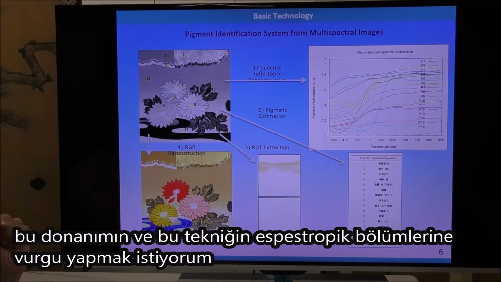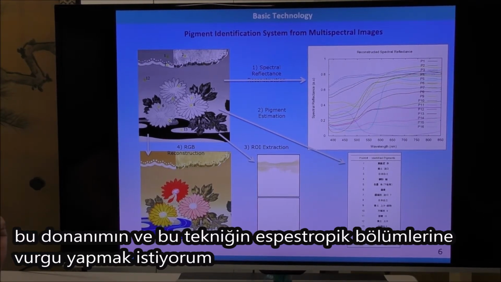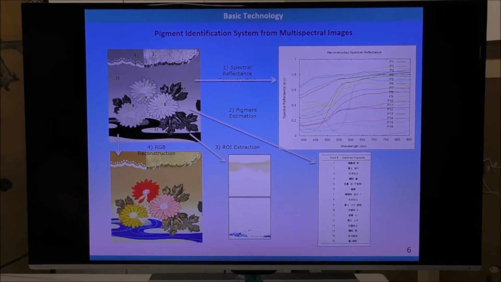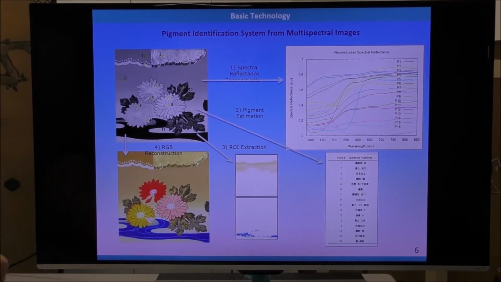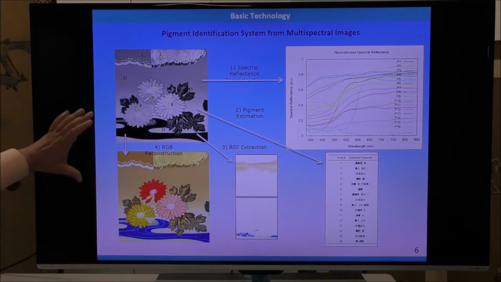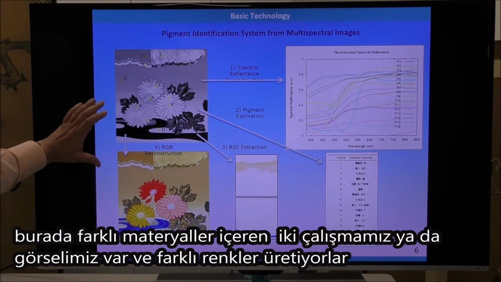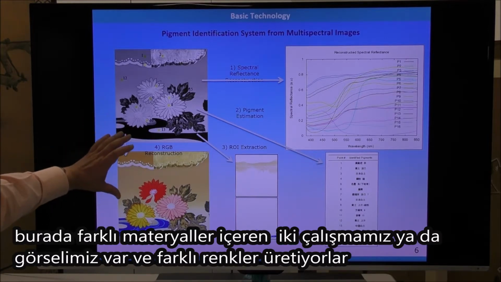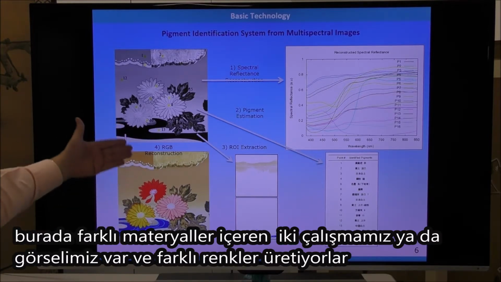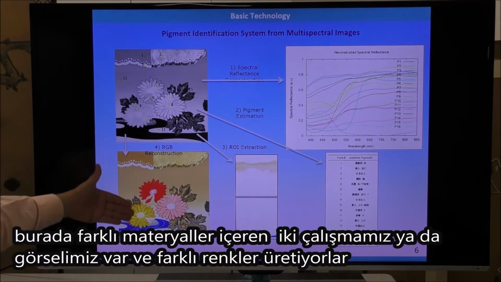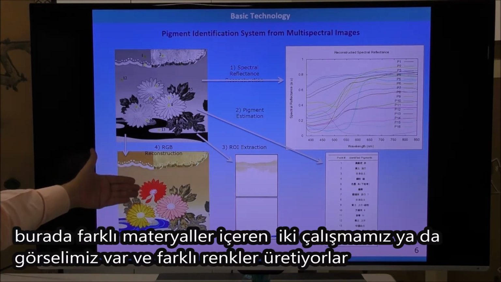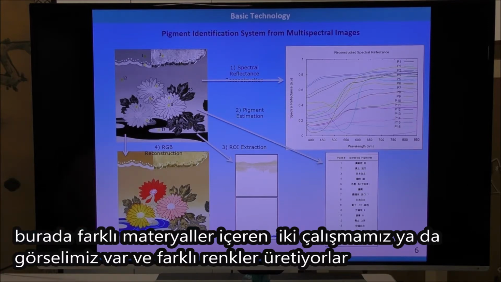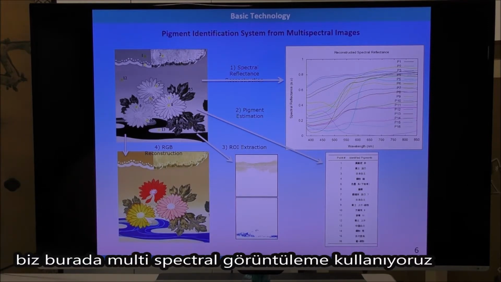I would like to emphasize the spectroscopic part of this technique, these equipments. Here we have an artwork or an image which consists of different material and produces different color. We use multispectral imaging.